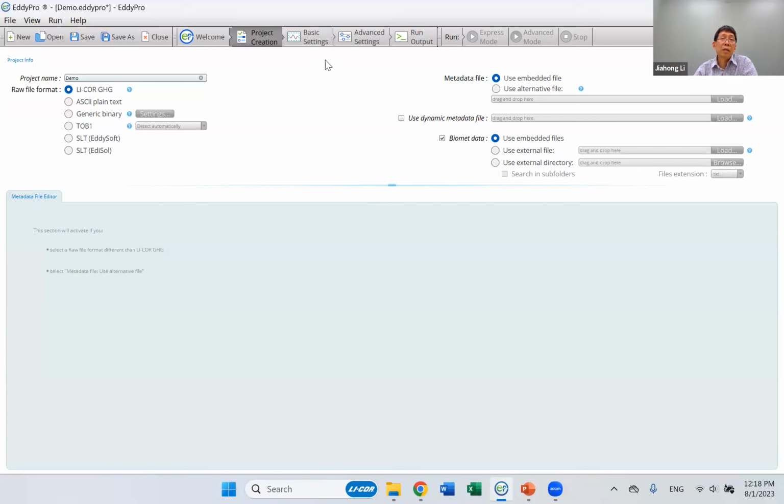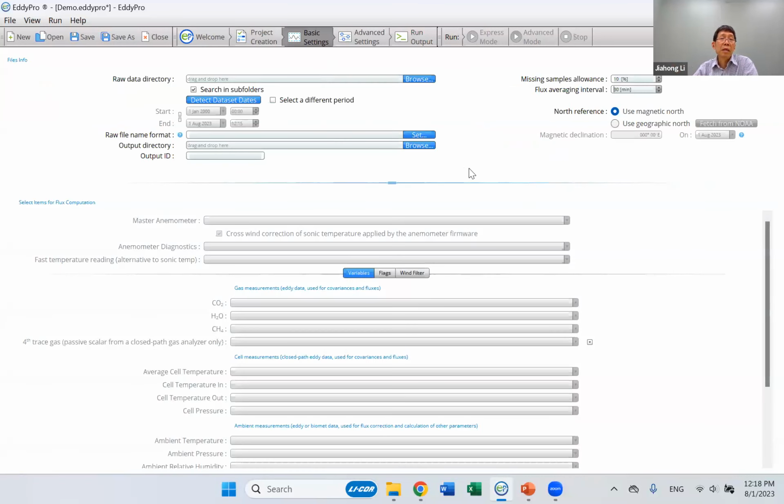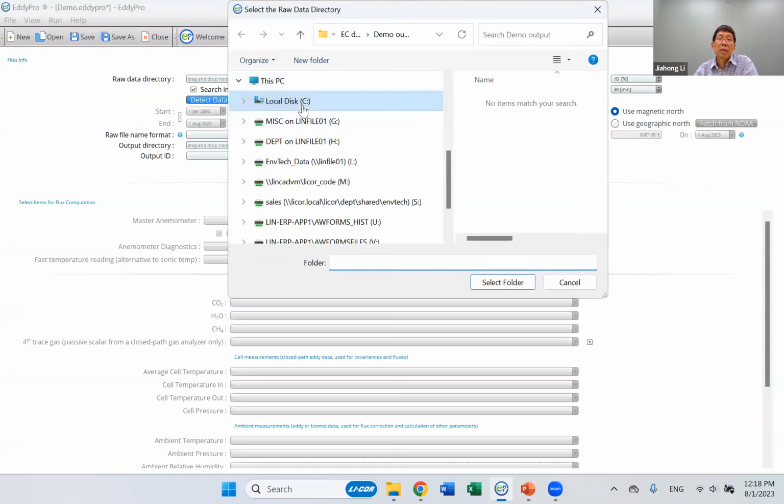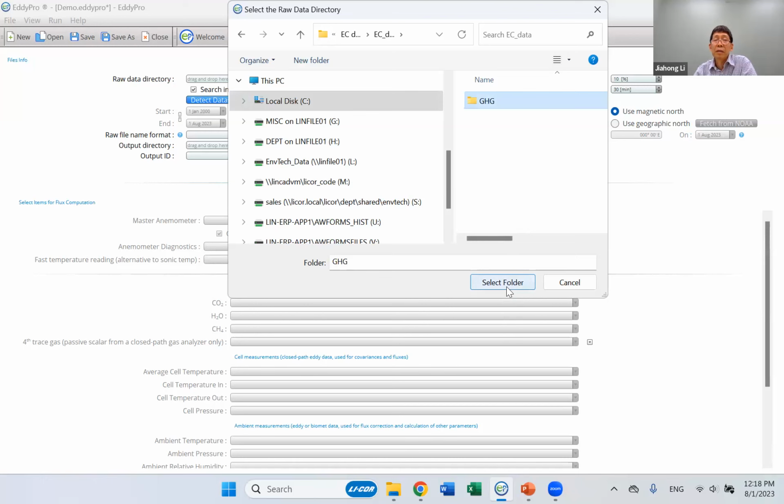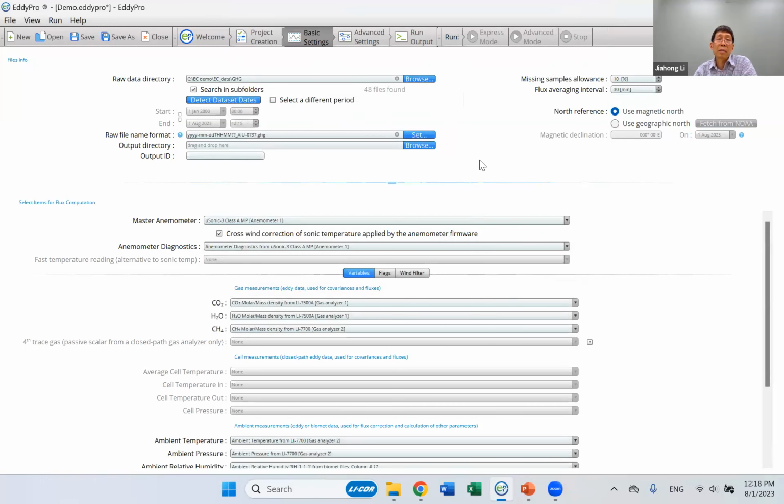Now let's move on to basic settings. Here, we set up the raw data directory by clicking browse, then go to C, the data, let's select it. Here we have a day of GHG files. So let's select it. Basically, we tell EddyPro where the raw data files are.